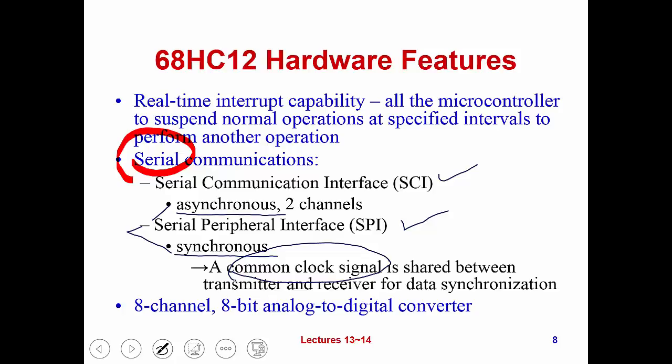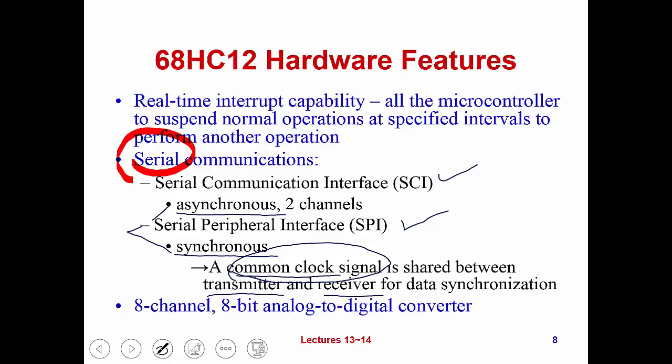So at a particular time, both sender and receiver know what is sent. They are synchronized for data transmission. They know at what time which part of the data should arrive.